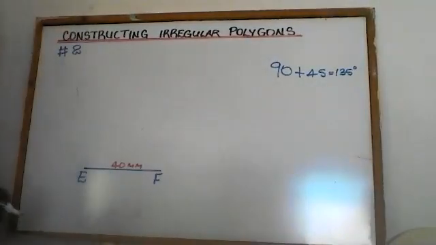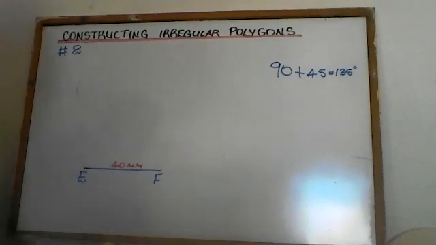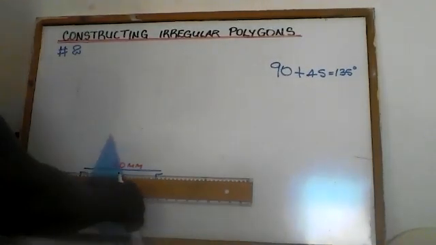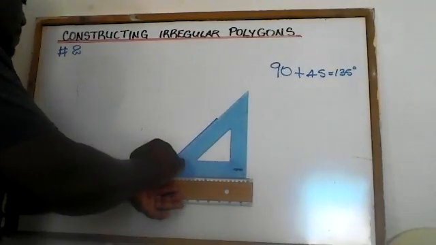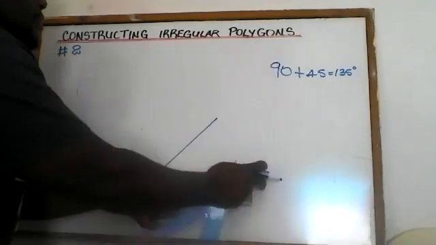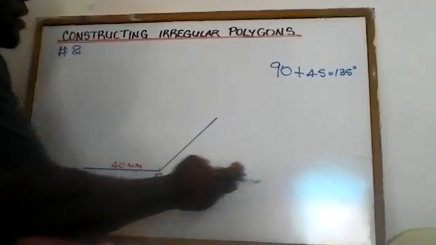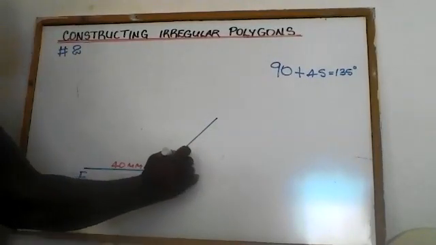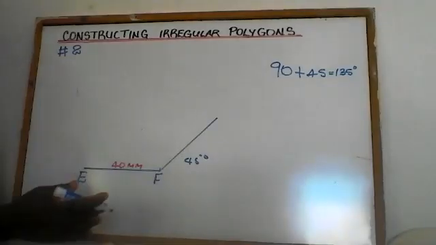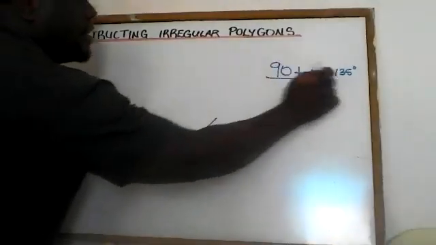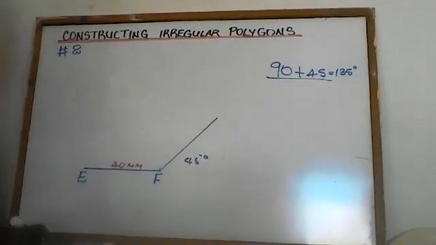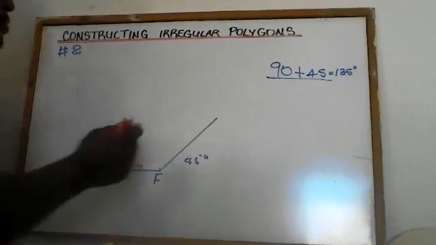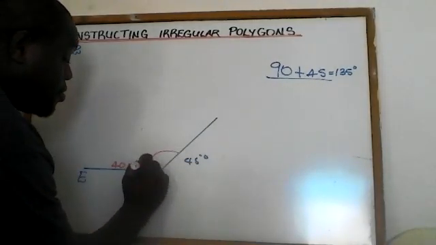The implication is, if I use my 45 degree set square and draw an angle of 45 degrees from F, this side over here will be 45 degrees. We know that angle on a straight line is equal to 180 degrees. Therefore, the opposite side of the angle must equal 135 degrees. So this is one easy method that can be used to draw your angle of 135 degrees.